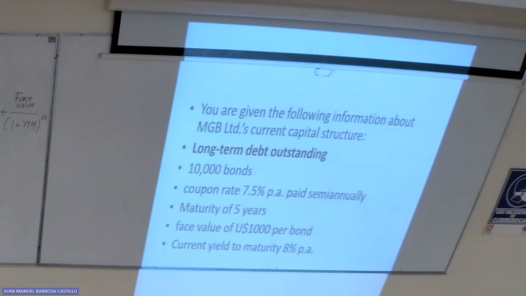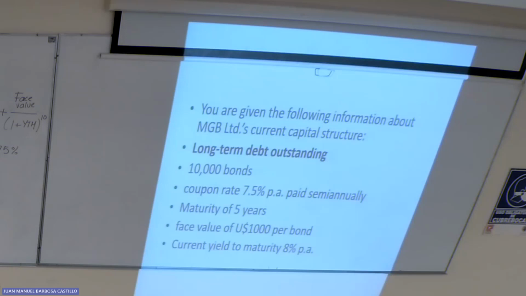I'm going to substitute the values in the equation. Then it's not 7.5%, it's half, so it's 3.75%. And the face value is 1,900.